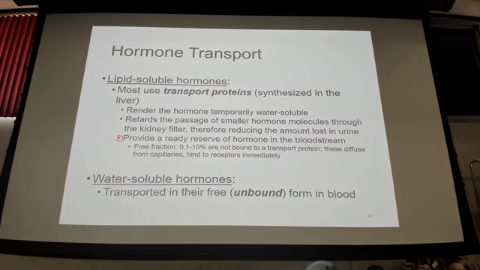I know we haven't talked about the renal system yet, but it's supposed to stay, right? It's supposed to filter and keep albumin. We're not supposed to lose albumin in our urine, right? So that hormone bound to albumin will then stay in circulation where it belongs. So it gives us a ready reserve, all right? So multiple different functions of the transport protein.